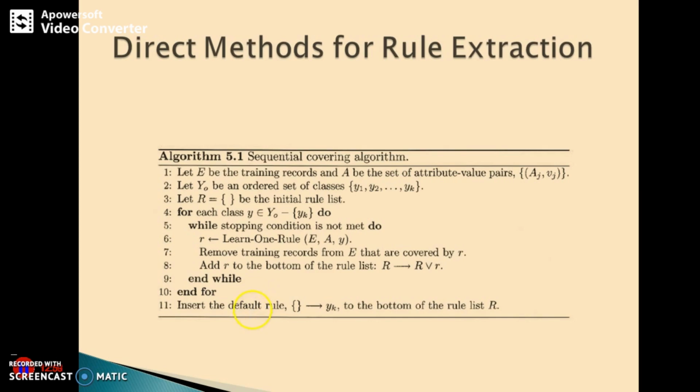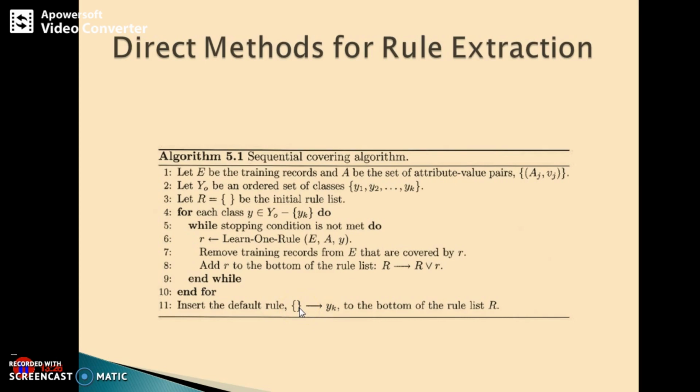Finally, you're going to add something called a default rule. So what is that default rule? If no rule is satisfying, or if any record is left out which is not satisfied by any of the rules, then this rule you can take. What is this rule saying? You just see LHS is empty.